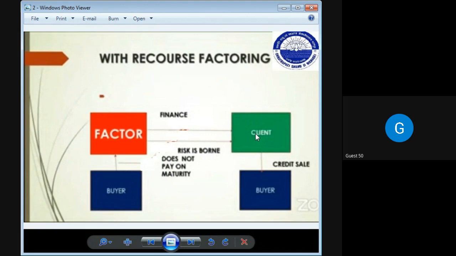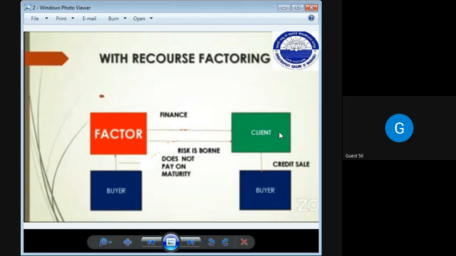The seller, the company. And here is the buyer. The client does a credit sale to the buyer, and the factor is the agent collecting the amount from the buyer, because the client assigns the invoice to the factor, and the factor releases finance to the client.